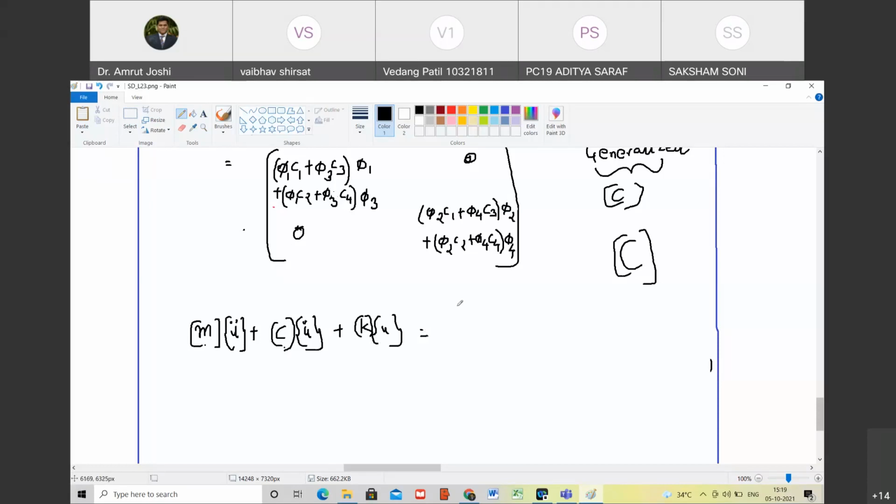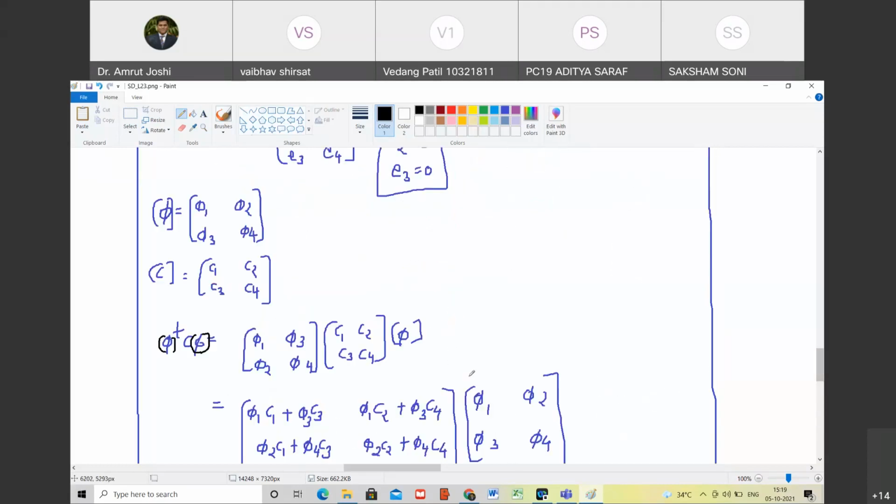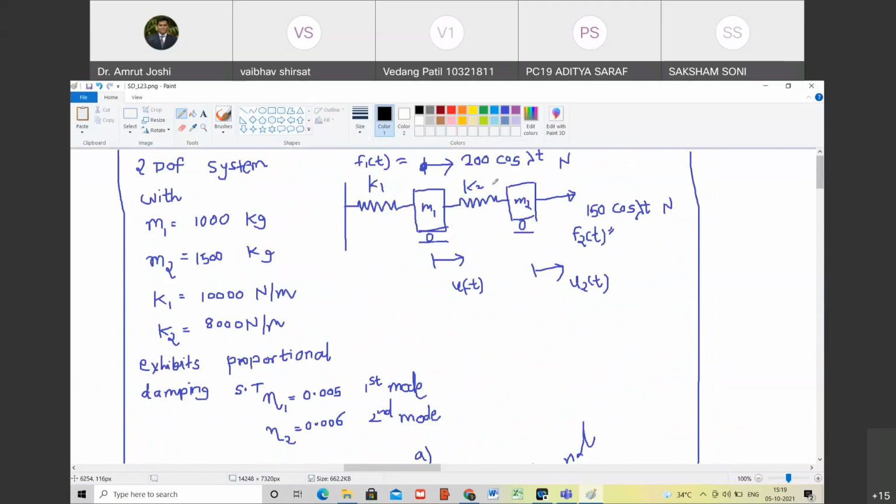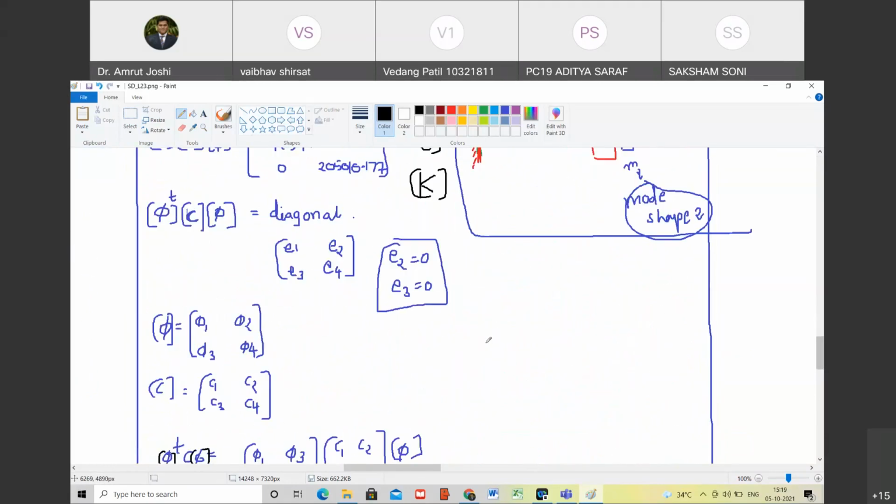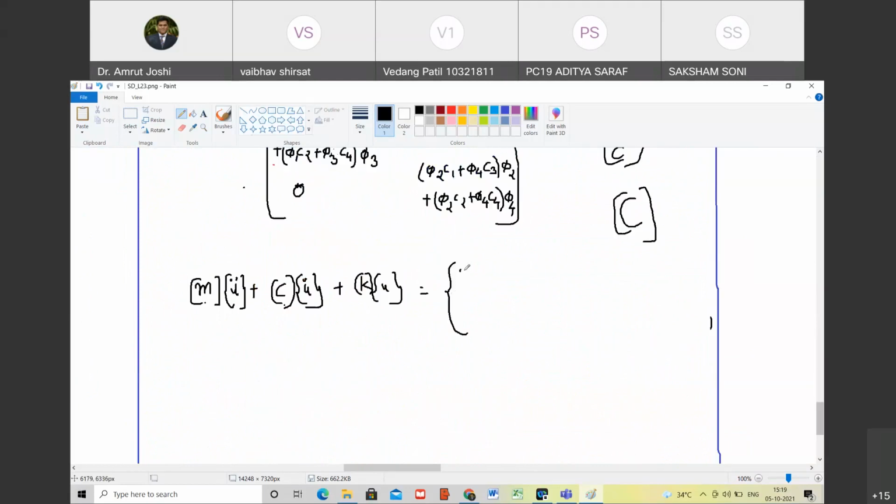This must be equal to the force matrix in original coordinate system. What is the force matrix in original coordinate system? 200 cos lambda t, 200 cos lambda t, and 150 cos lambda t. Do you agree with me? Yes. So I am going to write it as it is here. 200 cos lambda t and 150 cos lambda t. Happy?